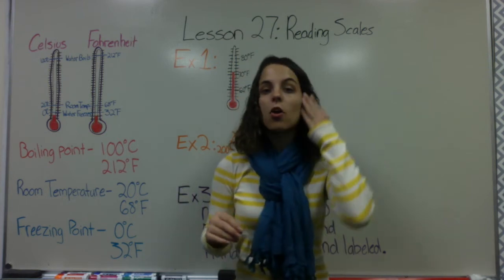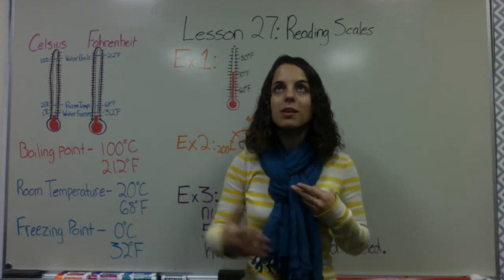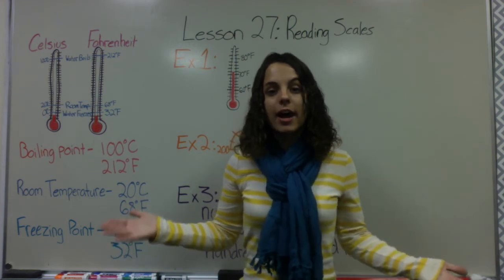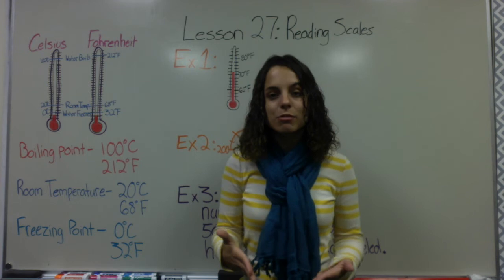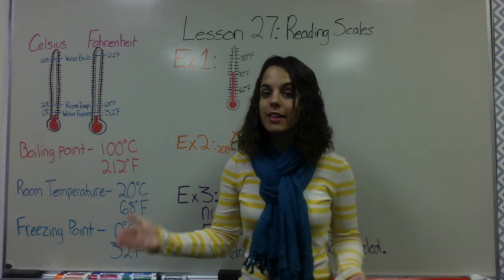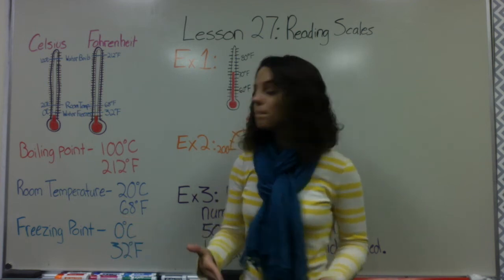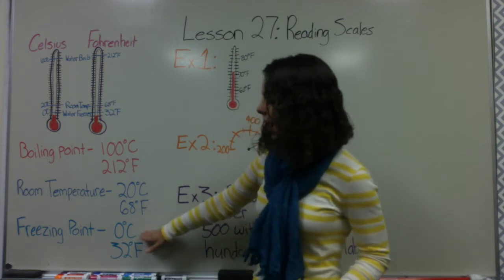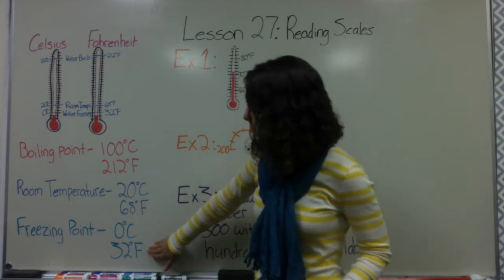So if you were to go somewhere in Europe or even somewhere in South America or even in Mexico or Canada, and you see that it's 18 degrees Celsius, well, that's not going to be 18 degrees Fahrenheit. That's not freezing cold. So 0 degrees Celsius and 32 degrees Fahrenheit is the freezing point of water.